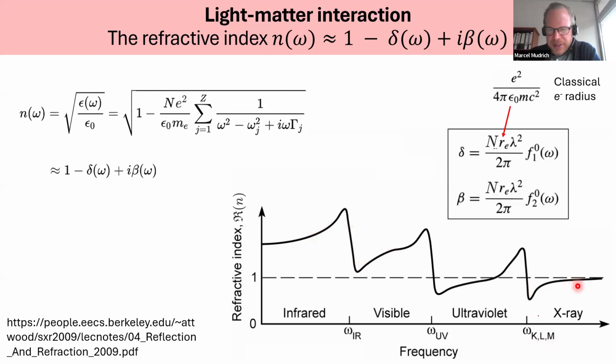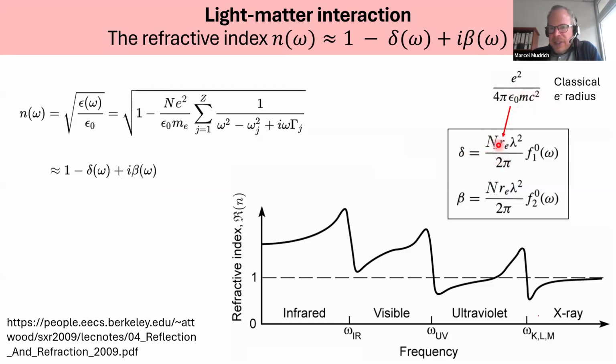Okay, just to understand the generic behavior of the refractive index. If we take a closer look at these parameters delta and beta that make up the refractive index, delta and beta can be written as a collection of constants. In particular, this r_e is called the classical electron radius, but the electron has no radius, right? This is just a collection of fundamental constants.